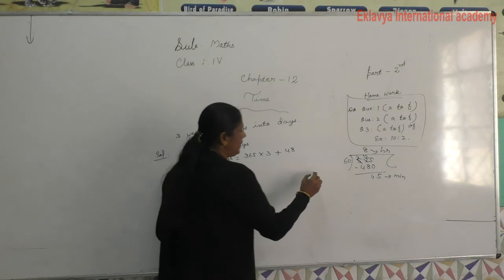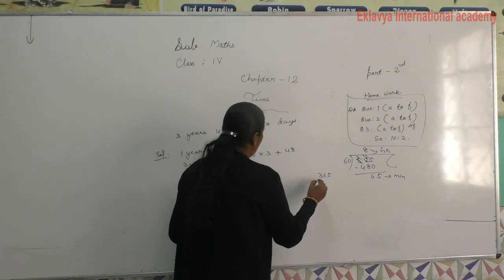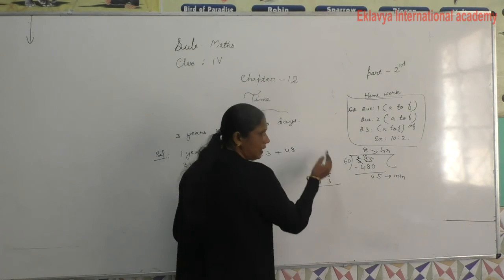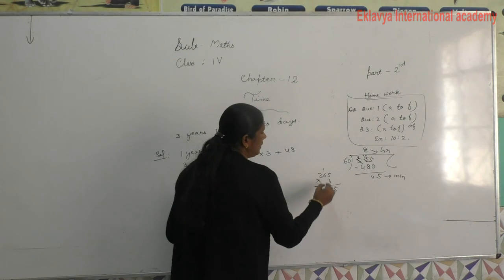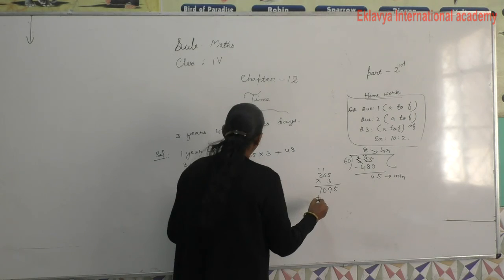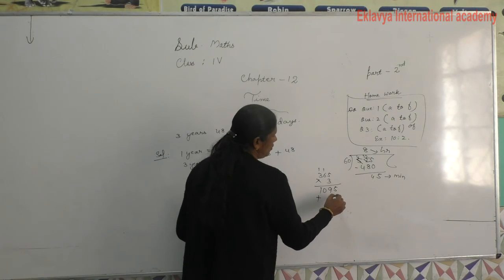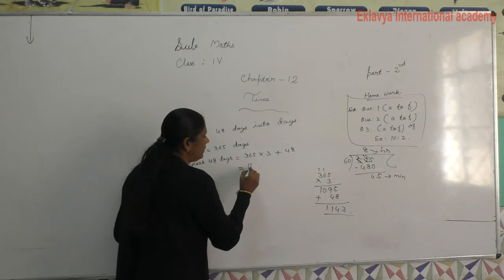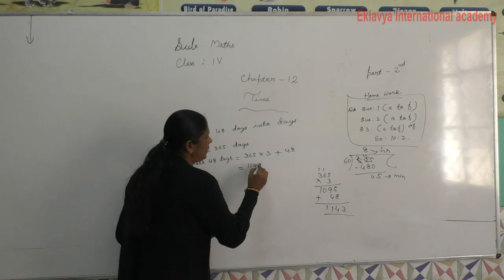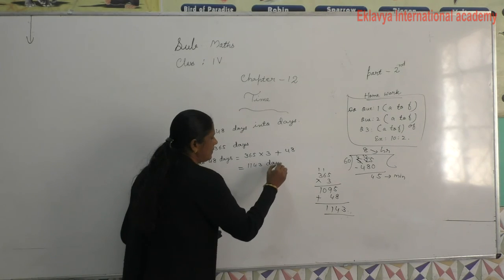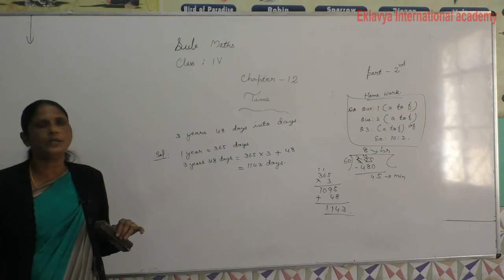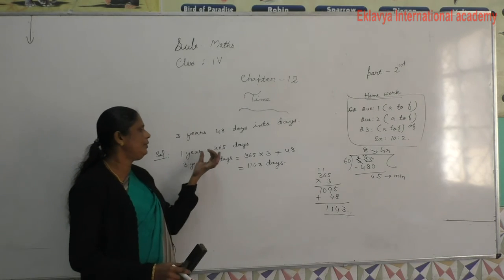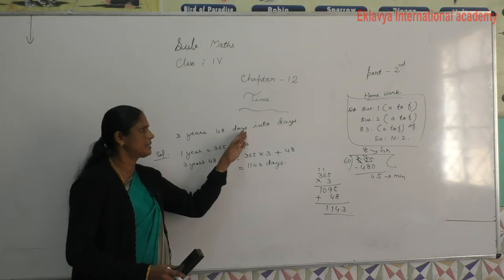First multiply 365 into 3: 15, 18, 19, 10, then plus 48. Answer is 1143 days. Understand? Years into days.